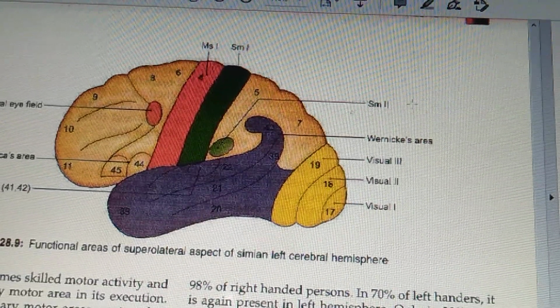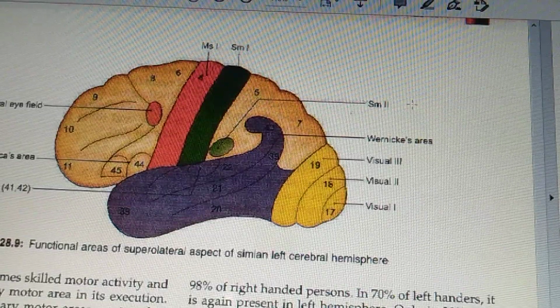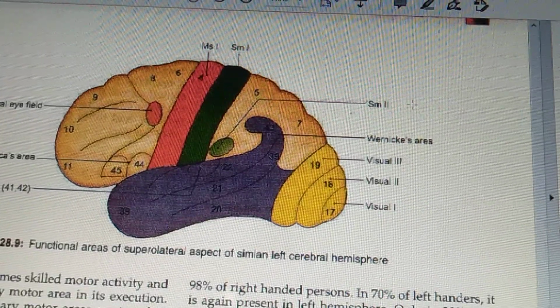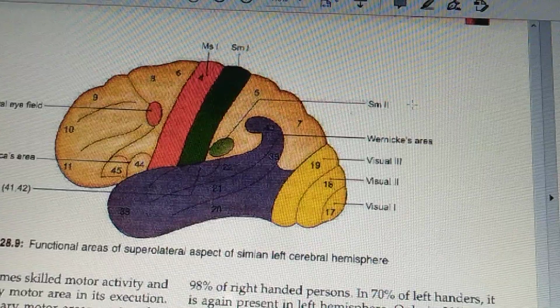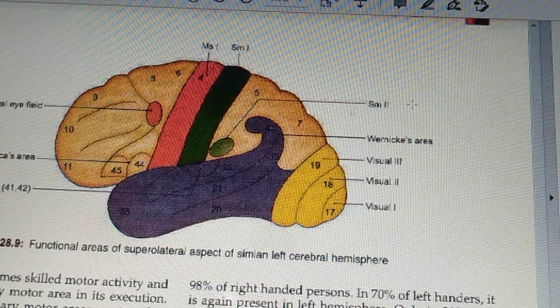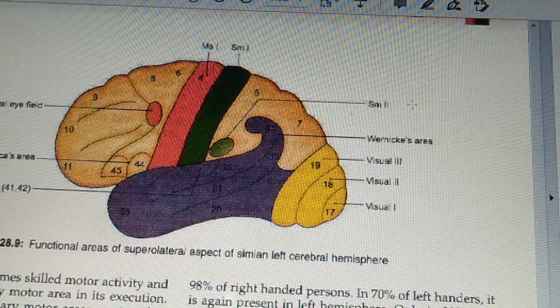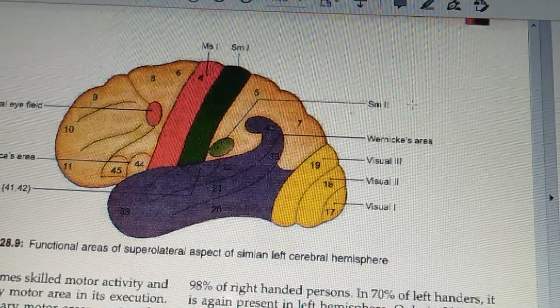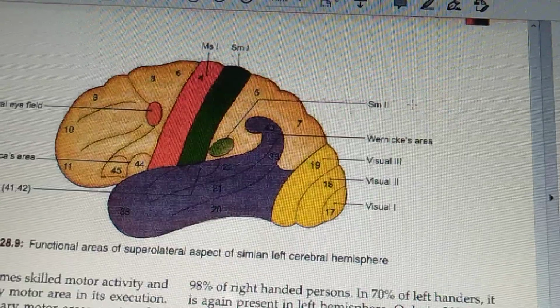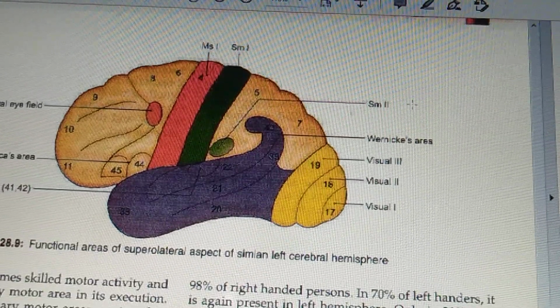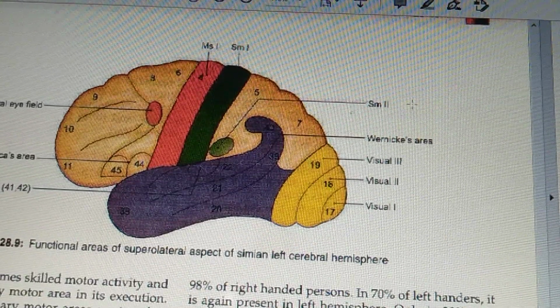So this function is lost, and this is called tactile agnosia. He is unable to correlate the surface, texture, shape, size and weight of the object, or to compare the sensations with the previous experience. So that is all about the applied anatomy related to the sensory areas.